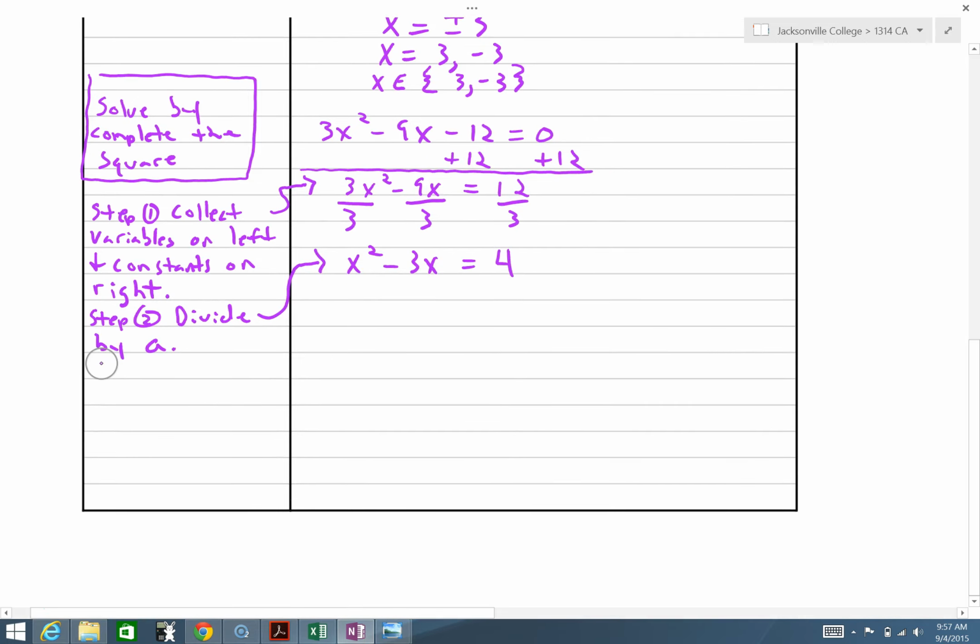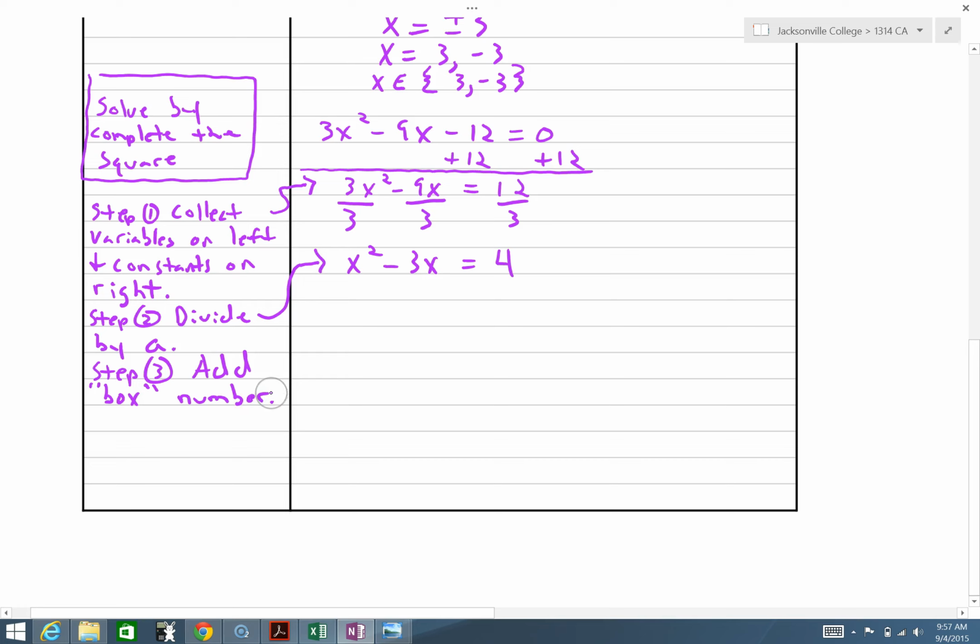All right. Step 3. We're going to add what I call the box number.